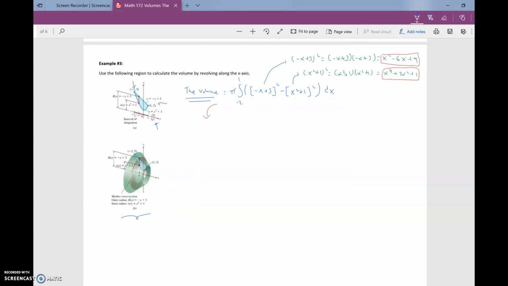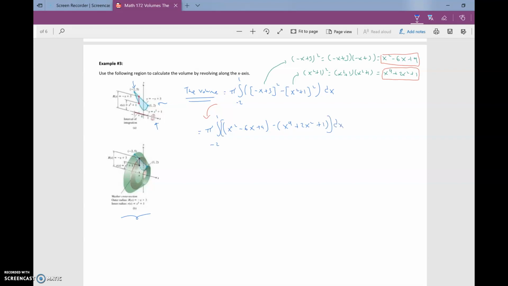So at this point, the actual volume is going to be pi, integral from -2 to 1, and the first function happened to just be x squared minus 6x plus 9 minus an x to the fourth plus 2x squared plus 1. And then we technically have that all of this will be dx.